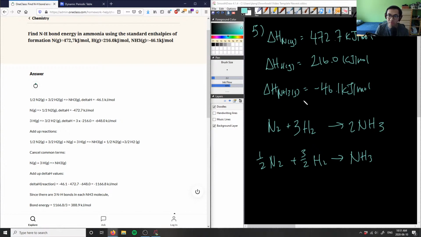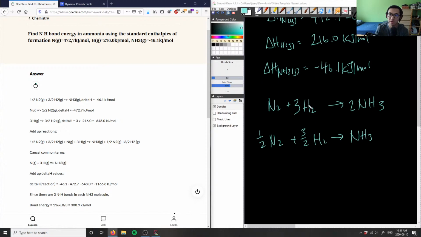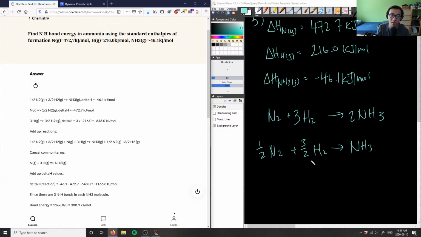And then what we have here is H, so we're going to have to multiply this by 3 over 2. Or rather, we're going to have to multiply this by 3, because the 2's here cancel out, so we're left with 3 hydrogens. So we multiply this guy by 3 and flip the sign, and add all that up.